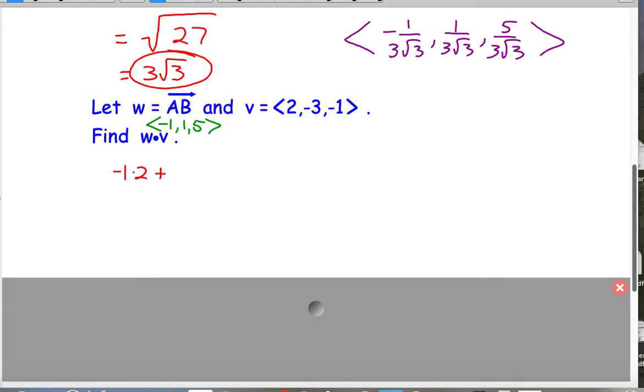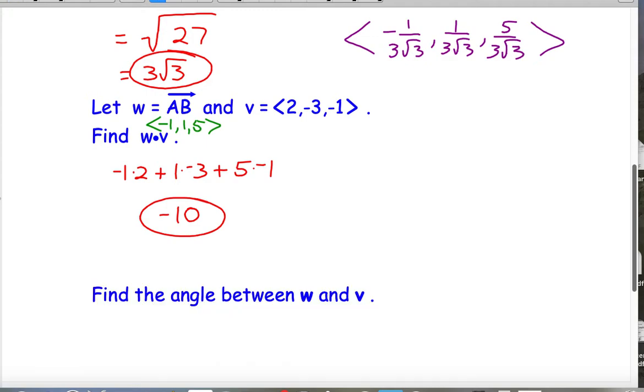Add to that the product of the y components, 1 times negative 3. And then we're going to extend this and add the product of the z components, 5 times negative 1. So negative 2 plus negative 3 is negative 5, plus negative 5 is negative 10. And so the dot product is negative 10.